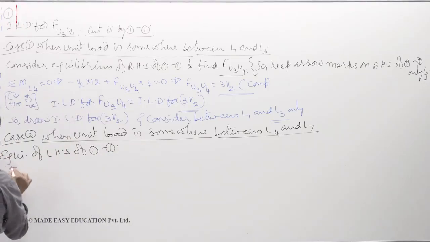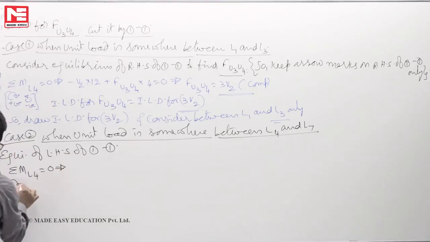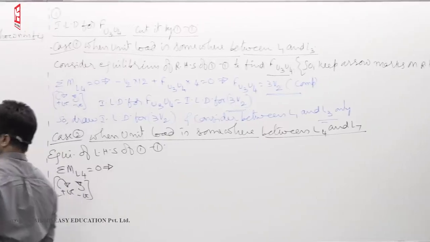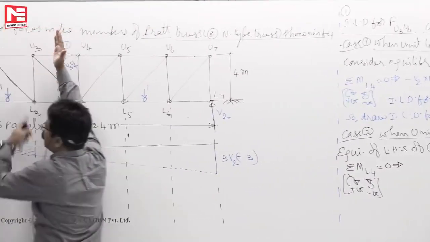Again take moments of all force about L4. Clockwise positive, anti-clockwise negative. Now you see, this V1, when I cut here, look left side.